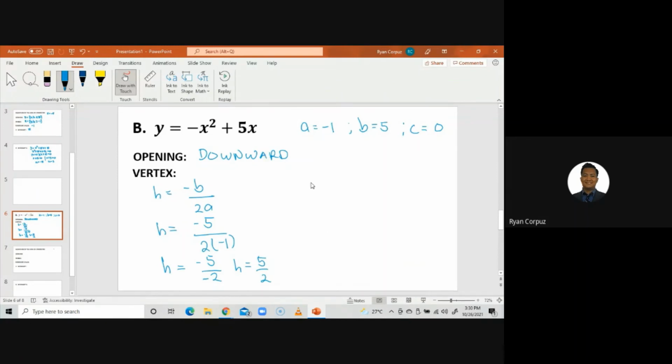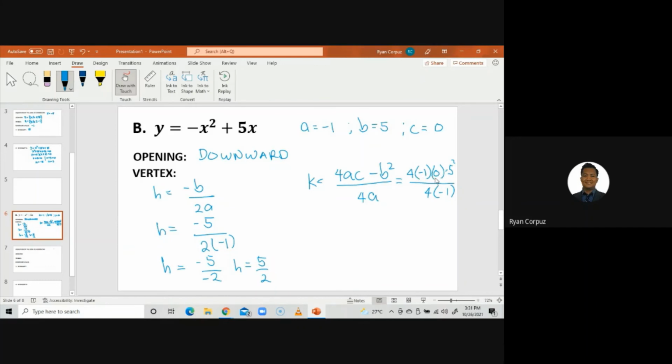How about for the value of K? Again, we're going to make use of the formula 4AC minus B squared all over 4A. So, substitute lang natin. That will be 4 times negative 1 times C, which is 0, minus 5 squared. Then, all over 4 times negative 1.